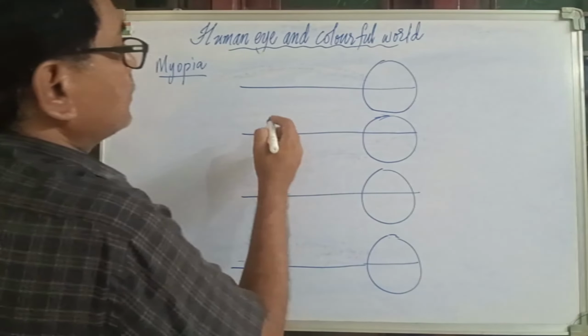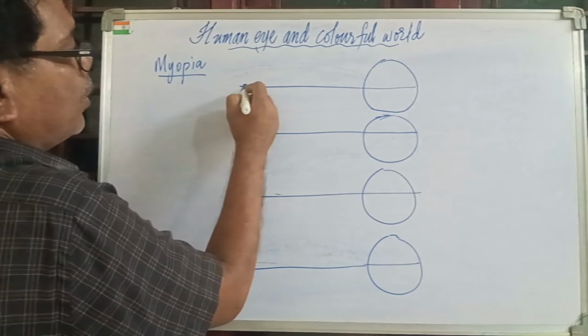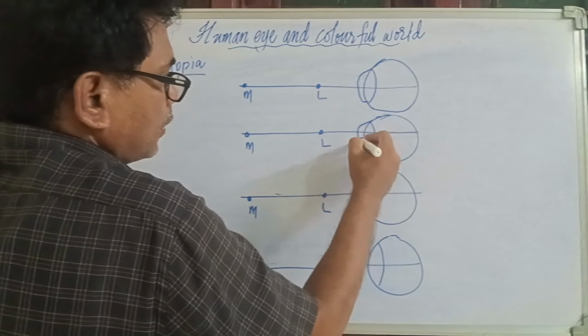Right. So I am explaining you myopia. So this point will be myopia, M point. And this will be the lens. This is a lens here, convex lens. So this is eyeball, therefore a little bit of cornea also I will show you.